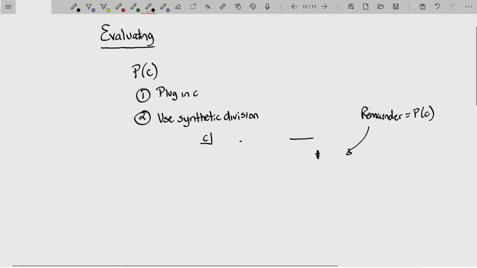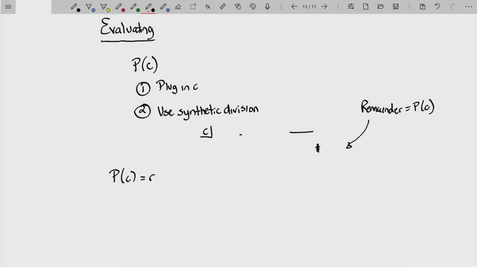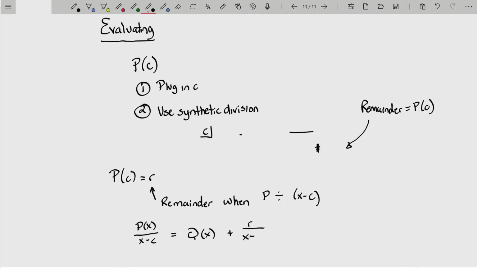So if, for example, P of C is equal to some number R, then once you've evaluated that polynomial, you find out that R is the remainder when P is divided by X minus C. So essentially, when you evaluate a polynomial and you get the answer 5, that means that polynomial divided by X minus C is equal to some other polynomial that you didn't find yet, plus that remainder of 5 over X minus C. So if you evaluate a polynomial at, let's just say 1, and you get out an answer of 5, then that's basically saying if you divided that polynomial by X minus 1, it would end up being some, who knows, polynomial plus the 5 divided by X minus the 1.